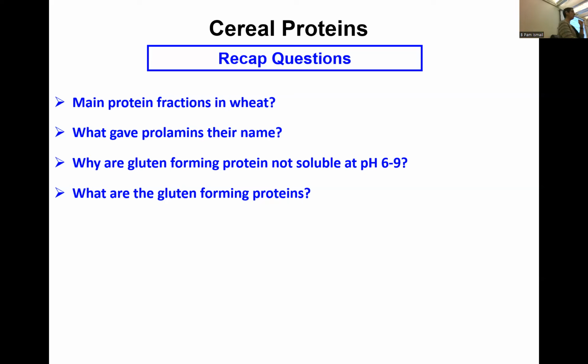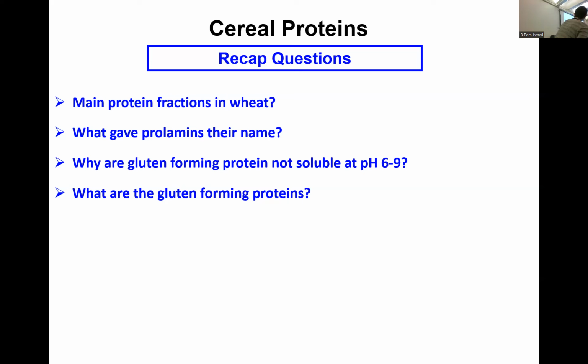Since they're high in glutamine, what is the main type of bonding that can happen within the molecule and intermolecularly? Is it hydrophobic, ionic, hydrogen bond, disulfide? Hydrogen bonding. There's a lot of hydrogen bonding that plays a very important role in the formation of gluten.